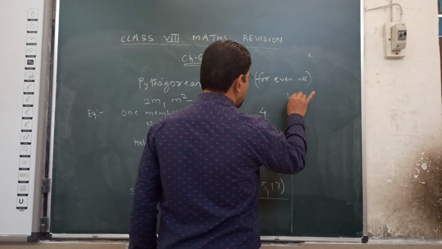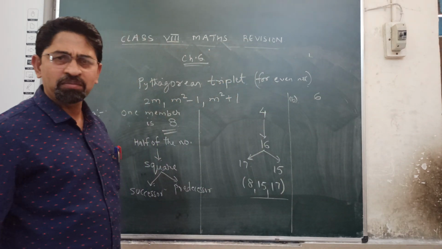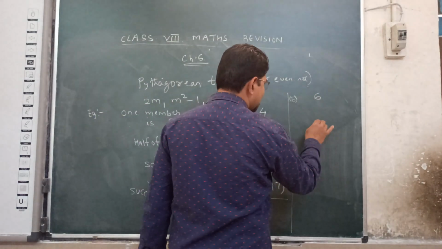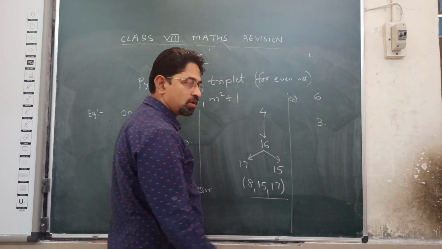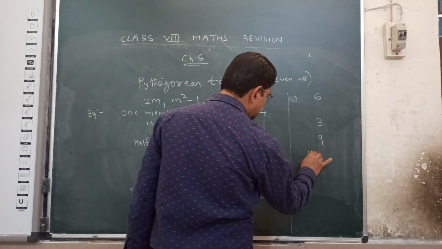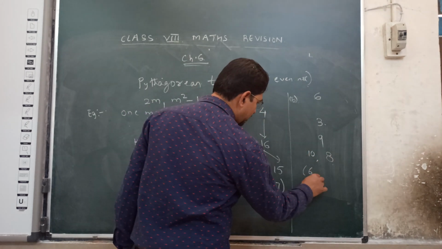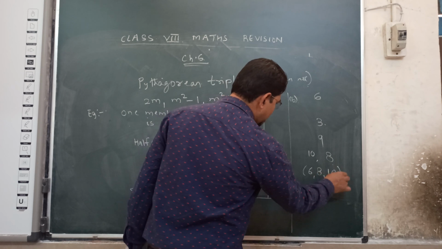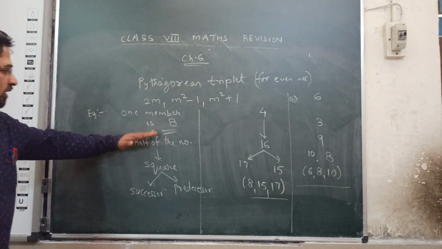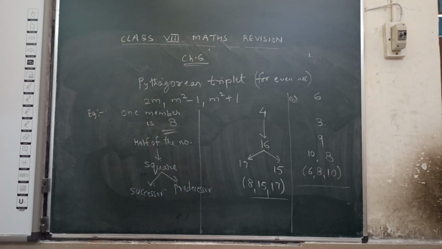If one member is 6, half of 6 is 3. 3 square is 9. Its successor 10, predecessor 8. So the Pythagorean triplet will be 6, 8 and 10.